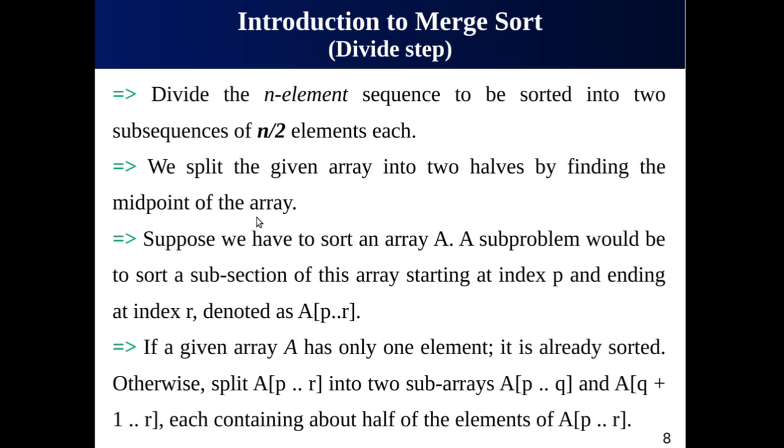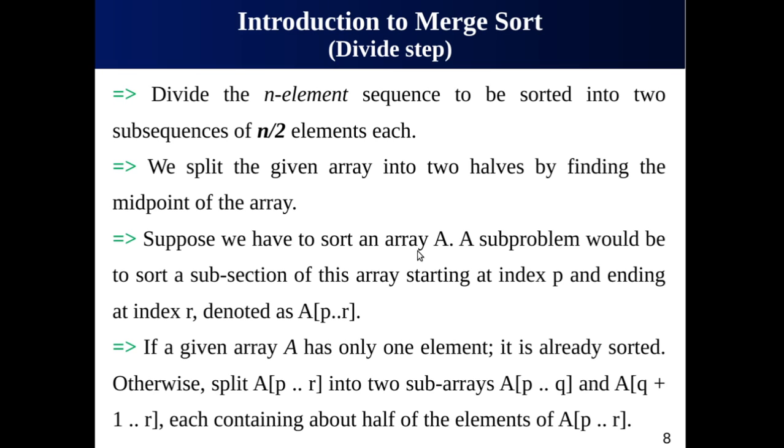So as I mentioned, if the array has 6 elements, then the merge sort algorithm will break it down into two sub-arrays with 3 elements each. Now suppose we have to sort an array, and the array has been represented by the letter A. So a sub-problem would be to sort a subsection of this array.